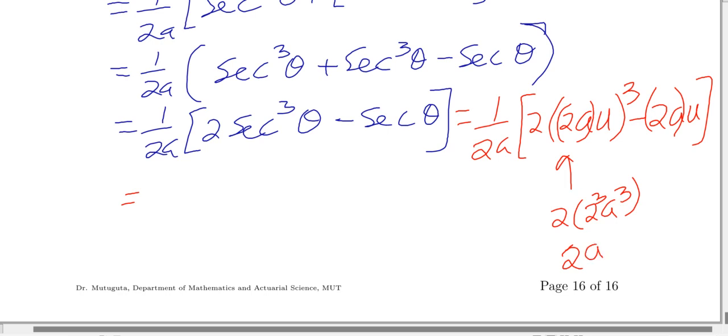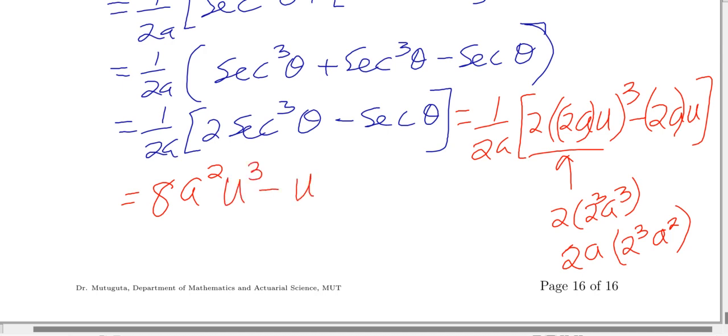If we leave 2a there, then we will leave 2 cubed times a squared. This is what we leave in this part. Then this 2a comes out and cancels with the other 2a. So we get (2a) cubed is 8, so we get 8a squared u cubed minus u. This is the expression for the second derivative, d squared u by d theta squared.